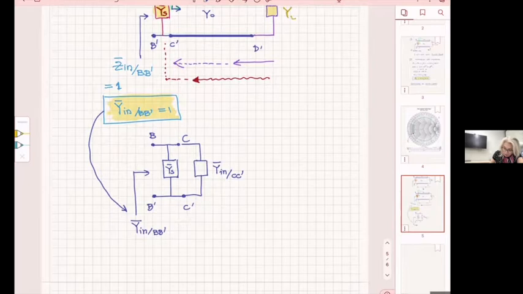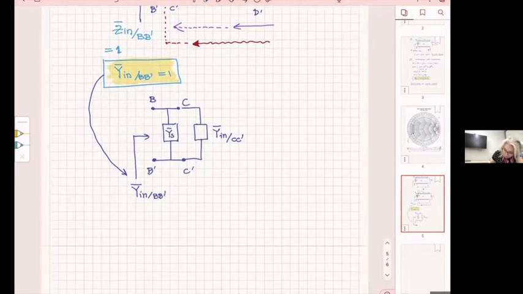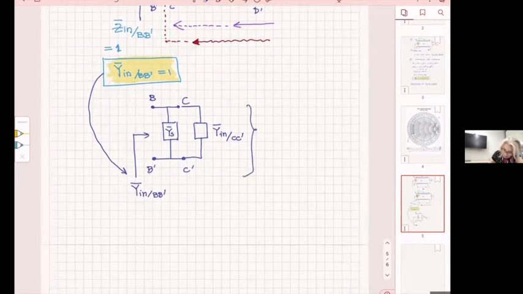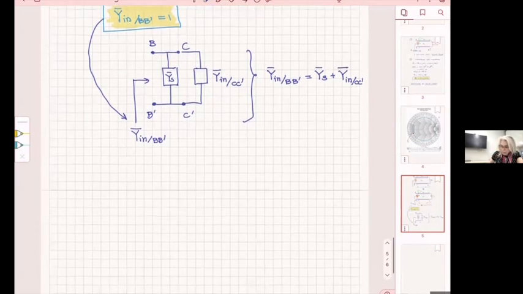But in this small circuit, what we have from here is Y input at BB prime normalized is equal to YS plus Y input at CC prime. All right? And YS is reactive.